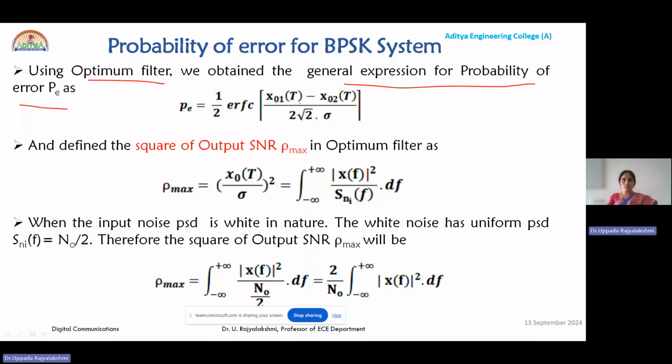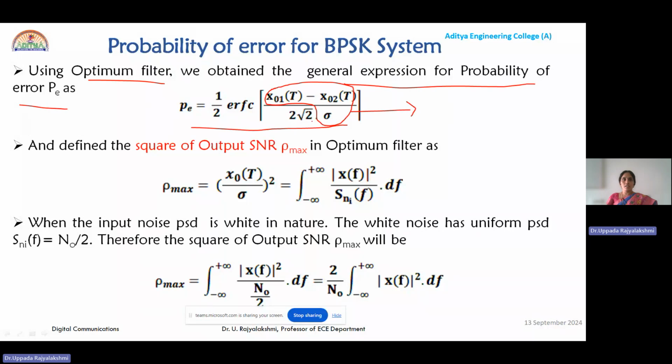We calculated in the previous modules and obtained the probability of error for optimum filter as half erfc of (x01(t) minus x02(t)) divided by sigma, where (x01(t) minus x02(t)) by sigma is nothing but our output SNR.